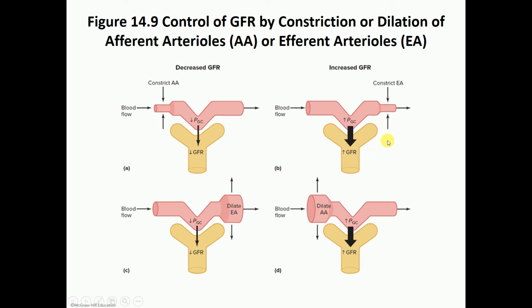But if you do the opposite scenarios, which are constriction of the efferent or dilation of the afferent, those two scenarios increase the hydrostatic pressure inside of the glomerular capillaries, which increases the filtration, hence that translates into increased glomerular filtration rates.